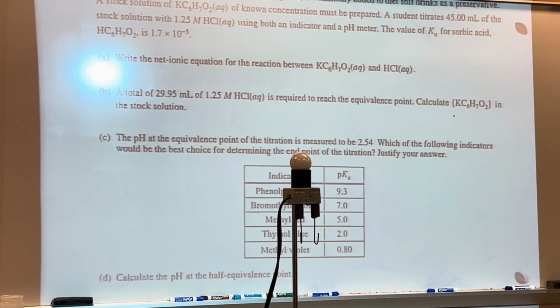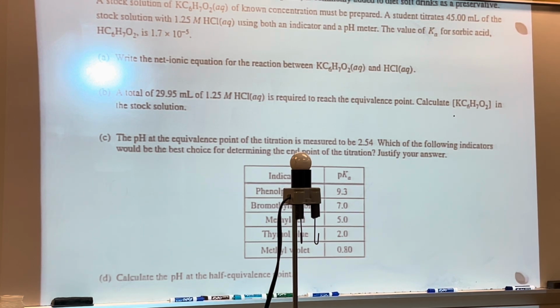Now, I'm going to read the question here. It says, potassium sorbate, molar mass 150, is commonly added to diet soft drinks as a preservative. A stock solution of potassium sorbate of known concentration must be prepared. A student titrates 45 milliliters of the stock solution with 0.125 molar HCl using both an indicator and a pH meter. The value of Ka for sorbic acid is 1.7 times 10 to the minus 5.